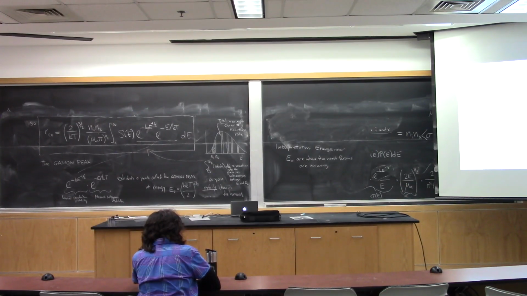If protons come in with 10 keV, they're much more likely to fuse than with 6 keV. If they have 10 MeV, they're vastly more likely to fuse. The faster they're moving, the more likely a pair of protons is to fuse with one another.